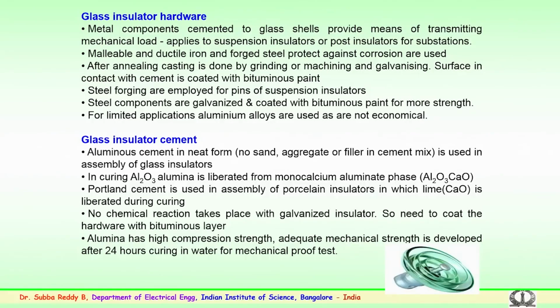Further, steel forging is normally carried out for the pins of the suspension glass insulators. These steel components are further galvanized and coated with bituminous paint to obtain more strength. So, this is important: that is one of the reasons why galvanizing and coating with bituminous paint is carried out.